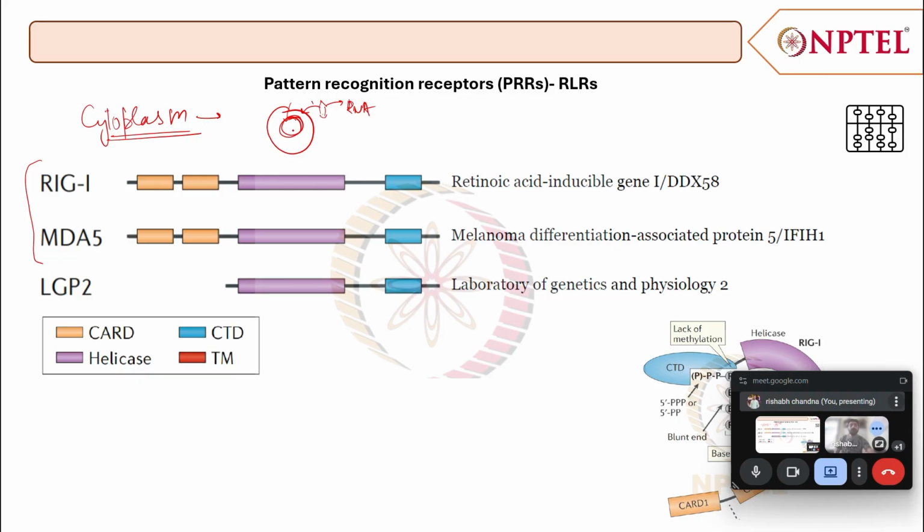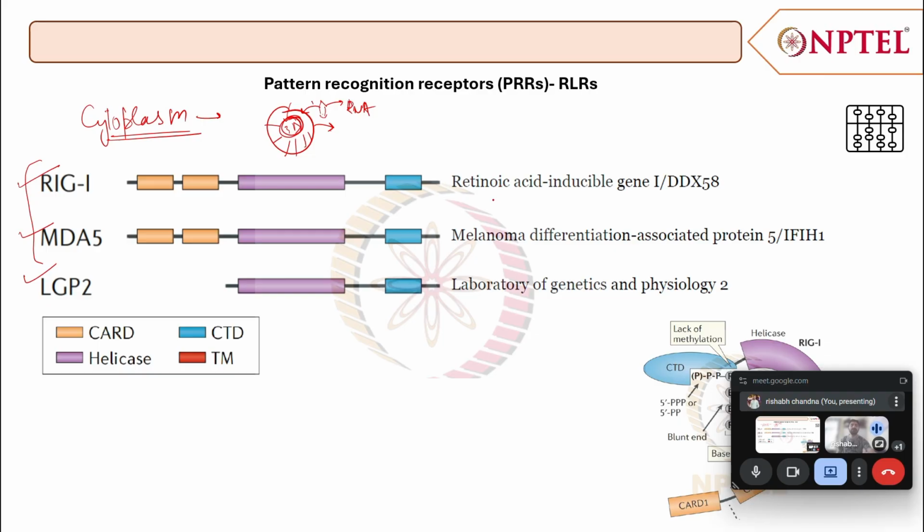Whenever this kind of thing happens, there are certain receptors in the cytoplasm that are part of innate immunity, and those capture or recognize the RNA, or the virus that carries that RNA, in the cell. These receptors are RIG1, MDA5, and LGP2.